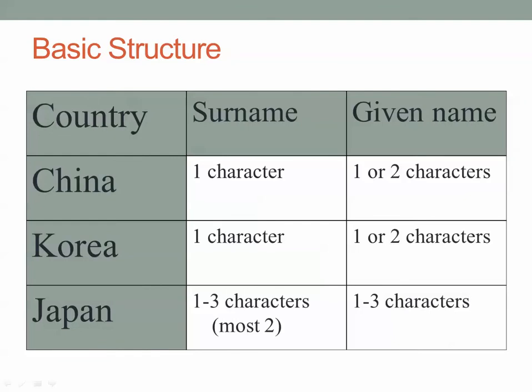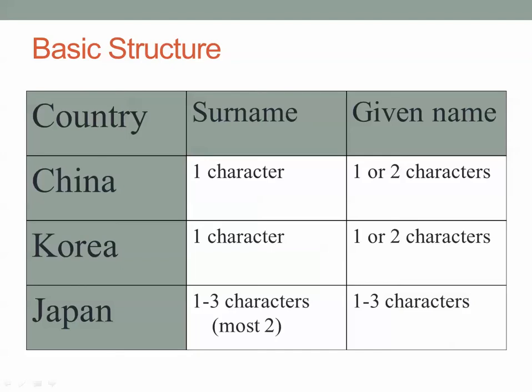So here's some examples of name structure in East Asia. We're going to be focusing on Japan, of course, but as a contrast object, I wanted to throw in China and Korea also. So in China, almost all the surnames are one character. There's a few that aren't, but almost all are one character. And the given names are usually 1 or 2 characters long.